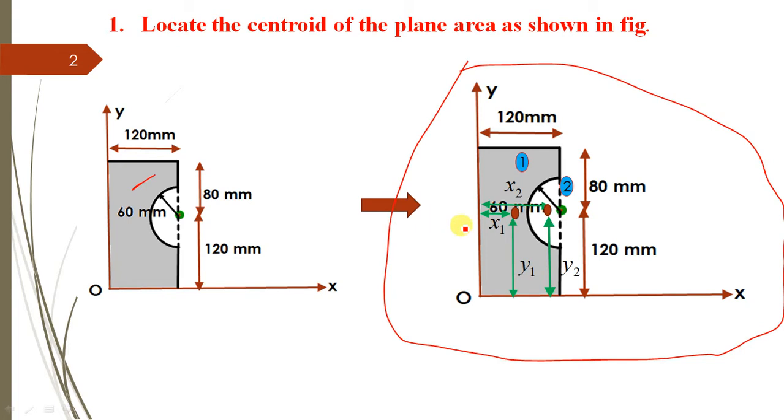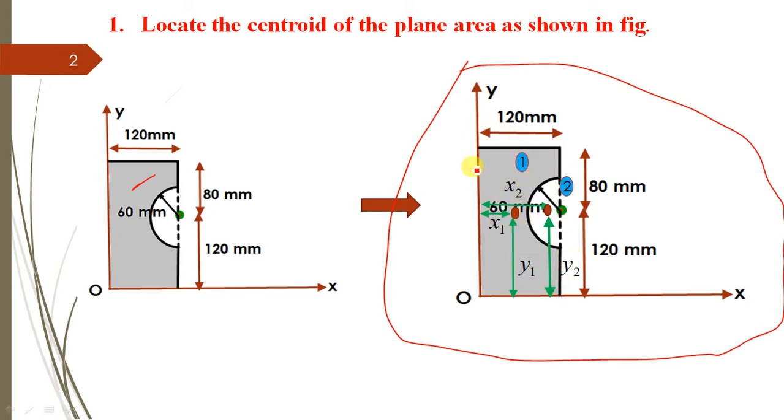If you observe this figure, the first area is a rectangle of dimension 120 by 200. And this is a semicircle of radius 60 mm that is removed from this total area.